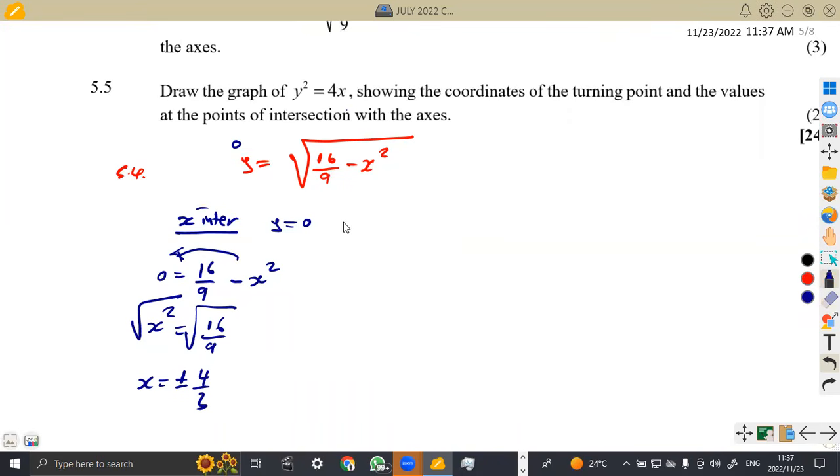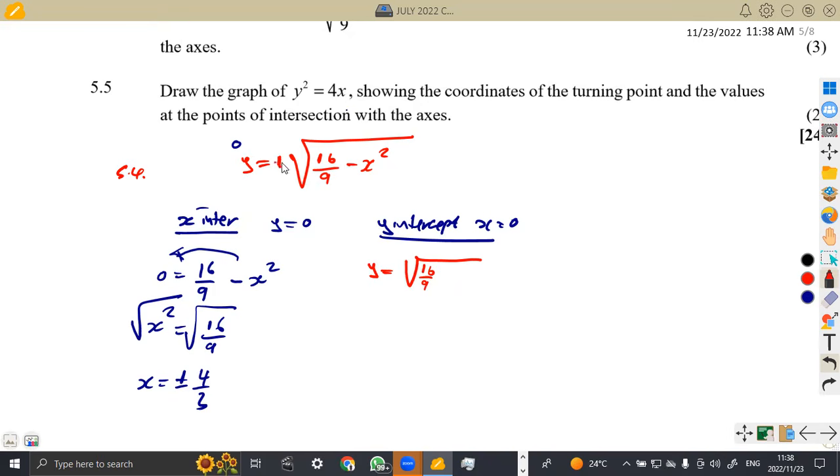To find the y-intercept, we know that x will be equal to 0. So if x is equal to 0, you can substitute: y is equal to the square root of 16 over 9, because this is 0, yes, it's going to be 16 over 9. So if we are given this format, we are supposed to be working with a positive square root.